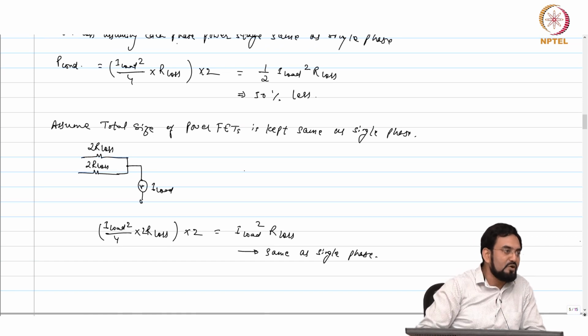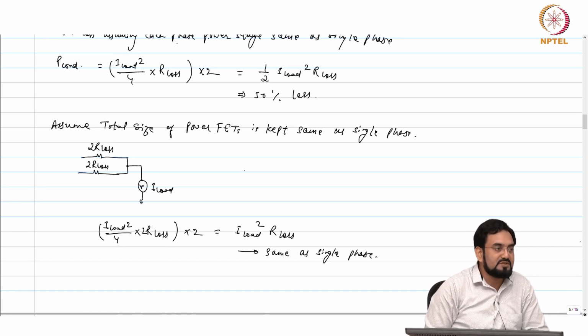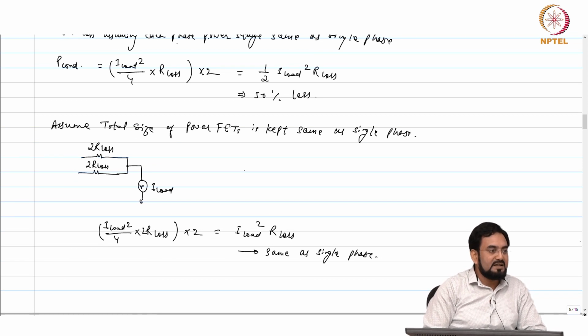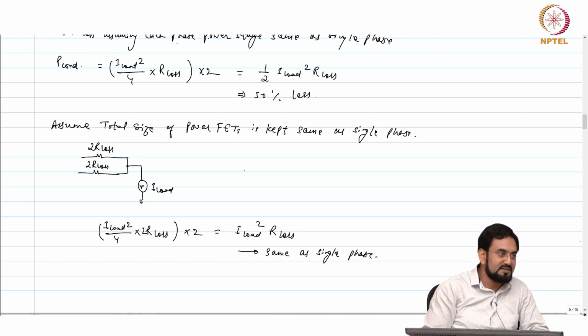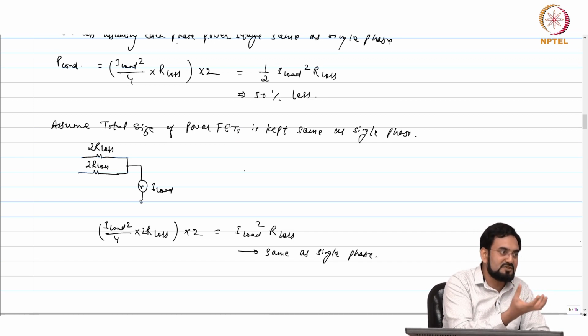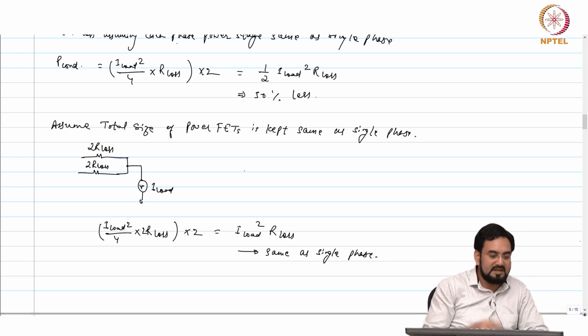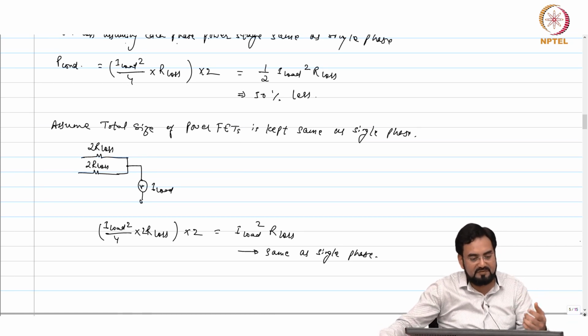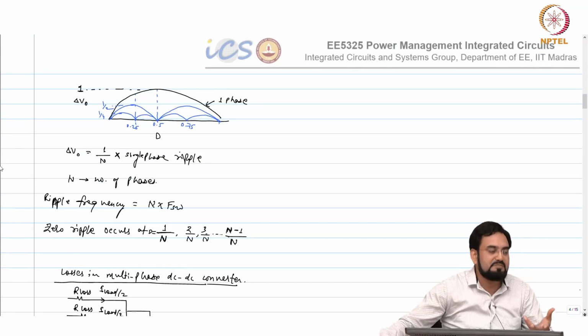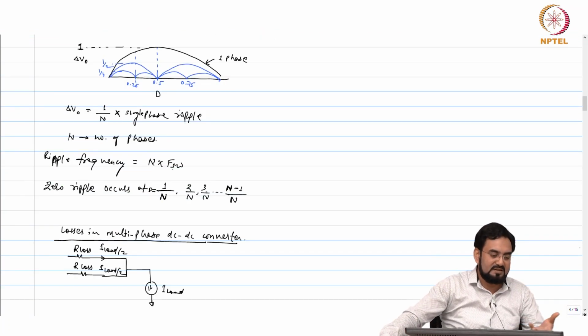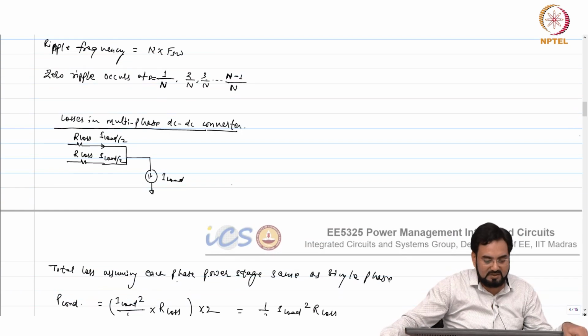So there you may see more benefit compared to buck in terms of losses, and losses will cause heat, and sometimes you may require a heat sink. So the size of the heat sink depends upon how much loss is in your converter. So you can reduce the size of your heat sink in a multi-phase compared to a single phase converter. And same thing you can do if you are using same inductor and same power stage, obviously here, but at the extra cost. So that's the only difference.